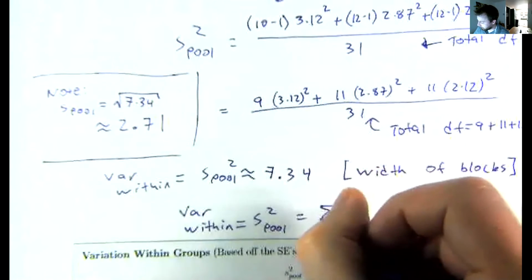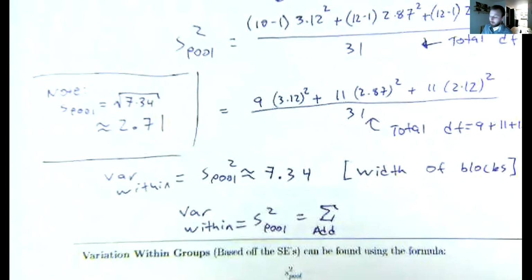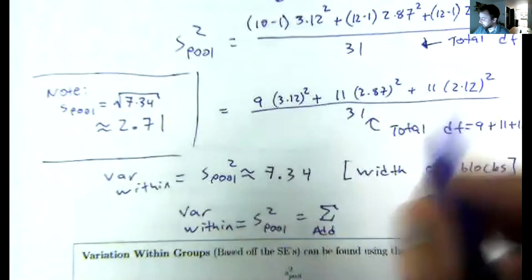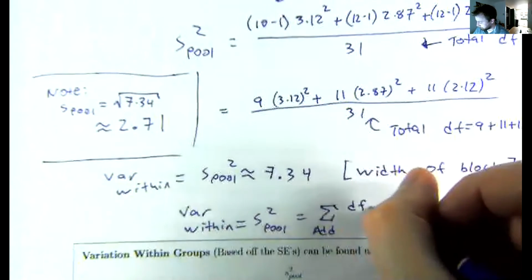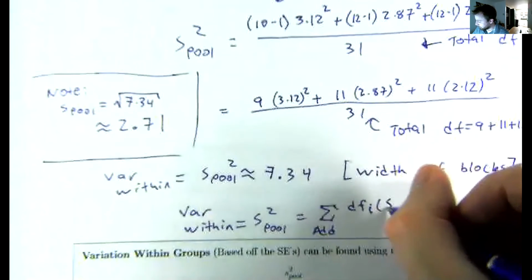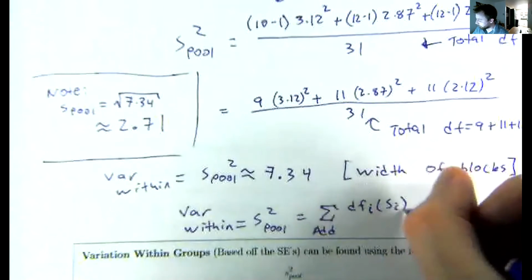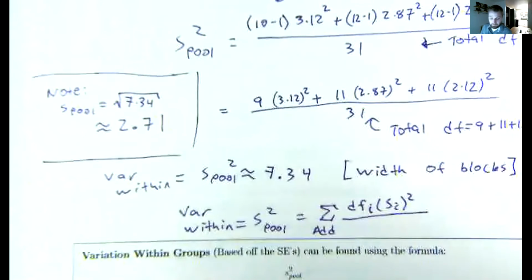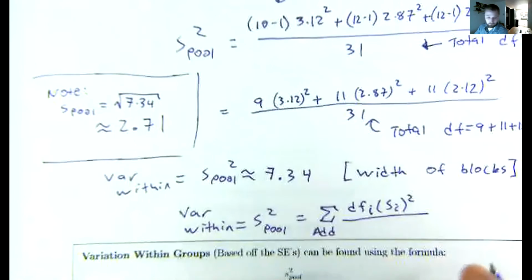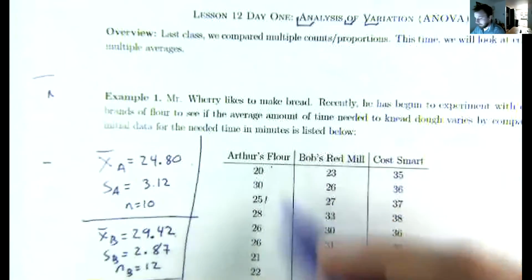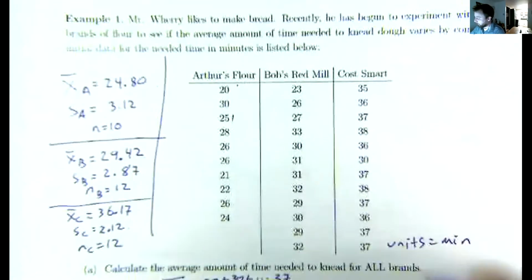I had an addition of a whole bunch of things on the top there. I had each of these degrees of freedom. Each of those individual variances. And I divided this by the total degree of freedom. Now, just as an observation, I started out by going back to this original set of data: 10, 12, 12.